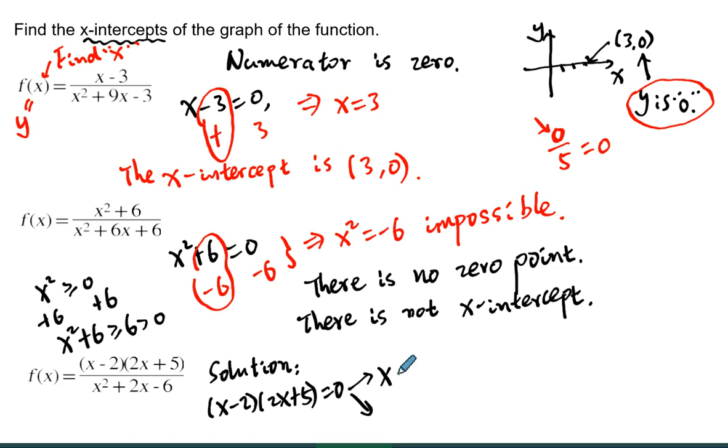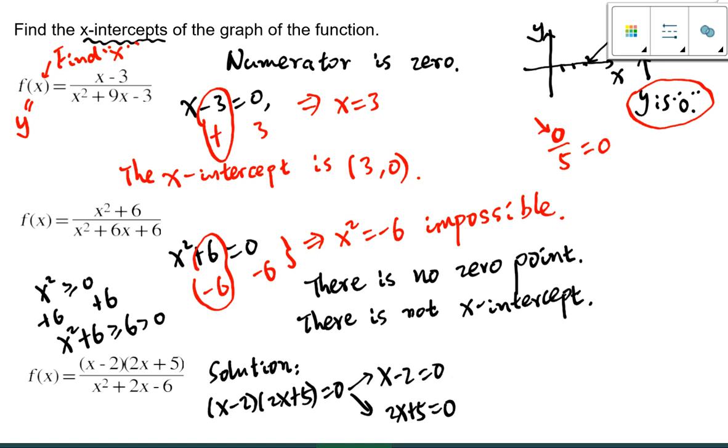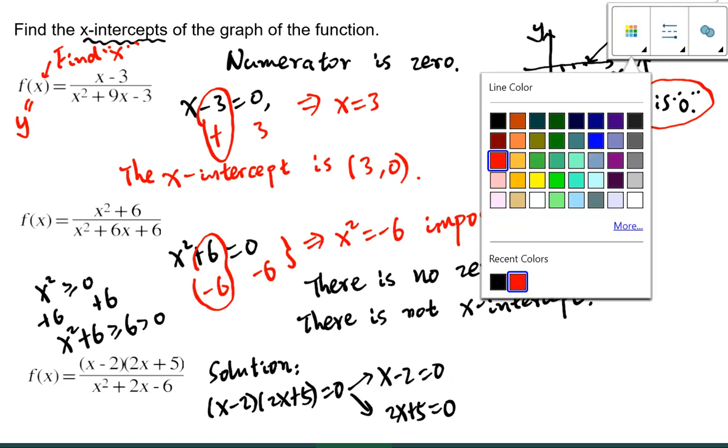So here you have x minus 2 is 0, or 2x plus 5 could be 0. Okay, now then you solve for both.